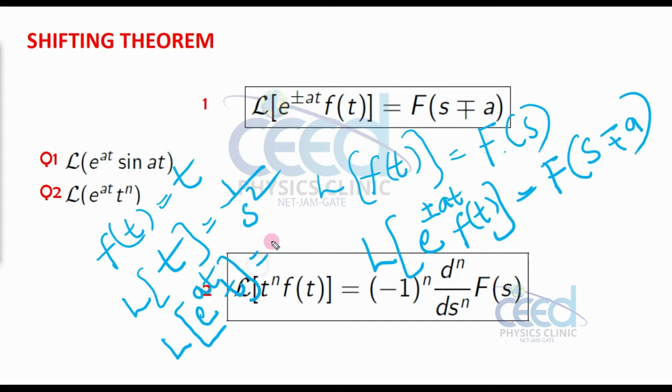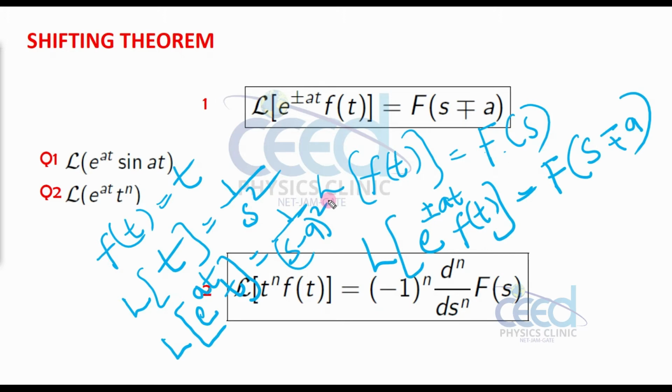Then according to this result, with e raised to plus at multiplied with f of t, what happens to the Laplace transform? You have to subtract a from this s. So this is 1 by (s minus a) the whole square.